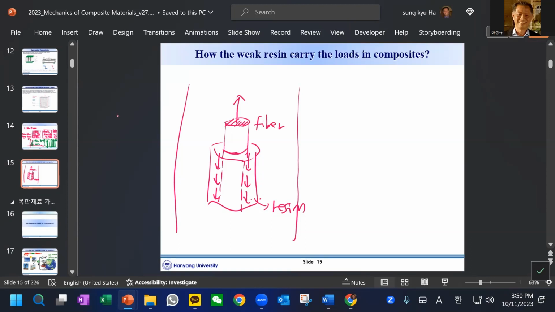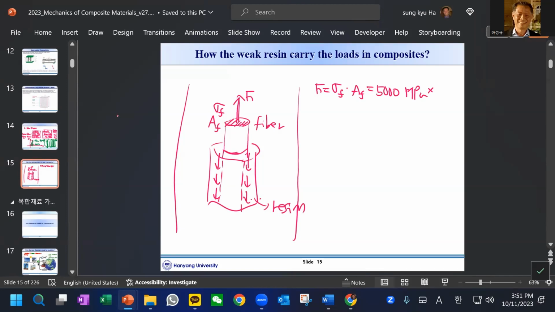Now, this is, I would say, the cross section AF, and this is the fiber strength, and there will be some load F. So F will be sigma F times the cross sectional area, and the strength, as we just saw, we can say is 5,000 megapascal, times the cross section AF.